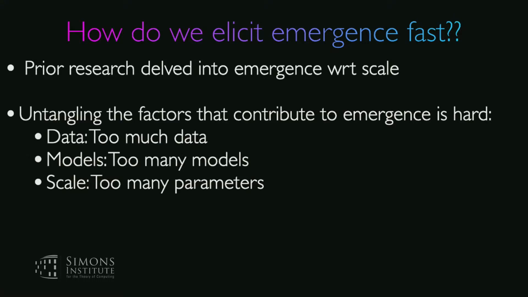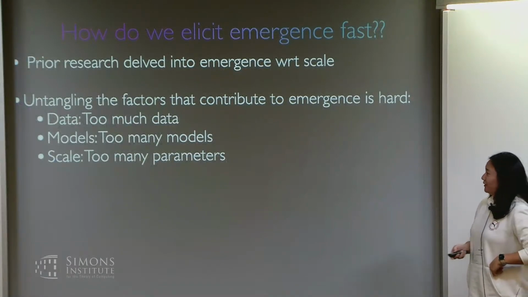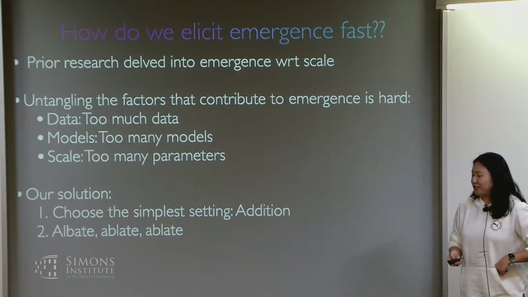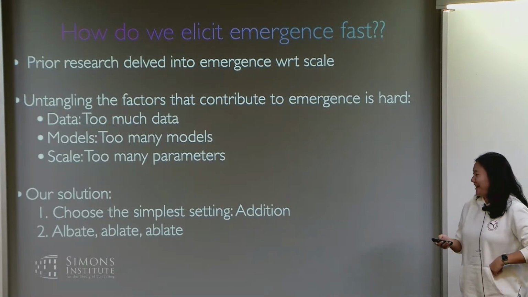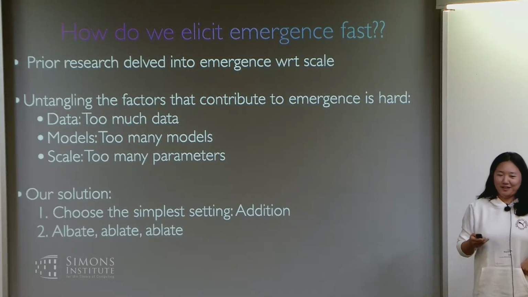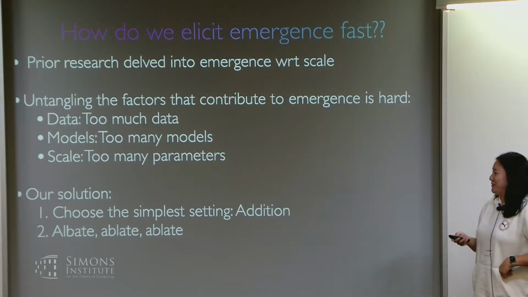But untangling the factors that come into play is very difficult because there's too much data and the scale is too big. So our solution is to choose the simplest setting we can analyze, which is addition, and we perform a lot of ablation studies.